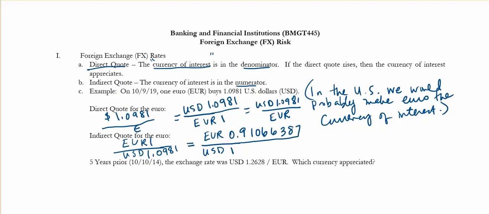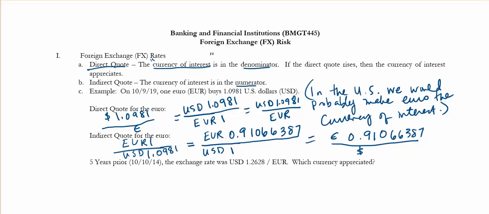If we round it, then we might not get exactly 1.0981 if we take the reciprocal. And of course we could also represent that with the more well-known symbols when we talk about euro and US dollar, but when we talk about a lot of other countries' currencies, it might not be so obvious.